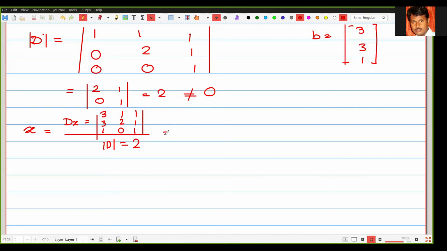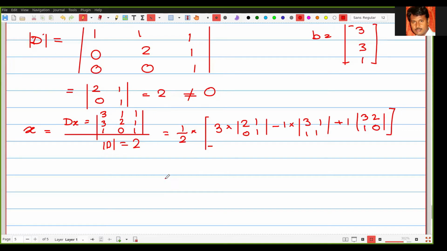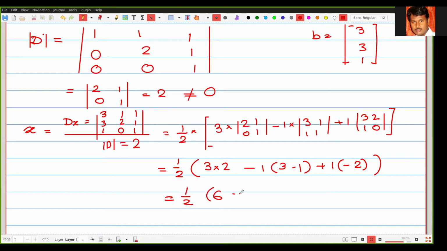So we now have half into 3 into the determinant 2, 1, 0, 1, minus 1 into 3, 1, 1, 1, then plus 1 into 3, 2, 1, 0. Then the value is half of 3 into 2 minus 1 into 3 minus 1 plus 1 into minus 2, and that is half of 6 minus 2 minus 2, that is 2 by 2 or 1.